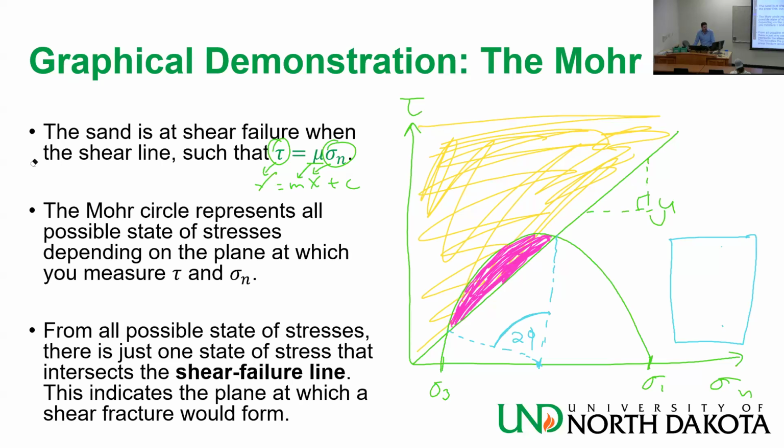Is it the dip? How do we call it in geology? It's the dip angle, right? Imagine the fault. This angle is the dip angle, right? Oh, sorry, that one is phi.